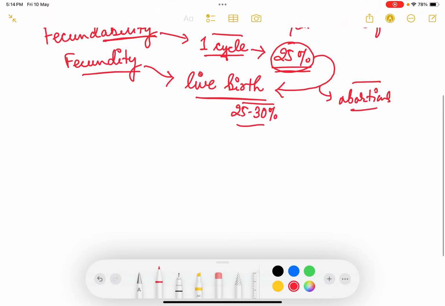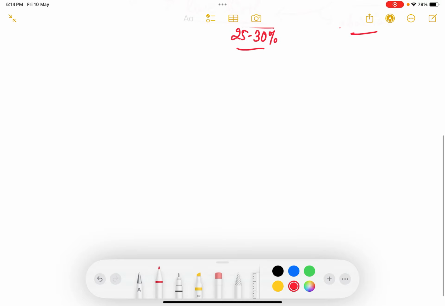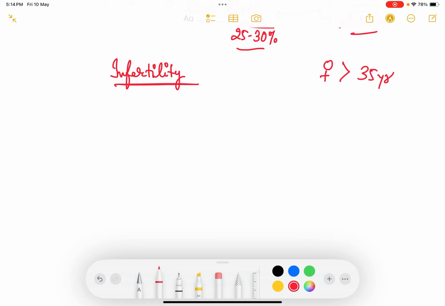Now those who are not able to conceive for 1 year, they qualify for infertility. But it is very important to know that if the age of the female is more than 35 years, then we need not wait for 1 year. In that case, the definition of infertility is 6 months.